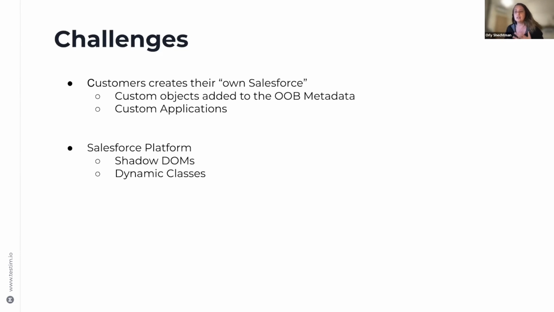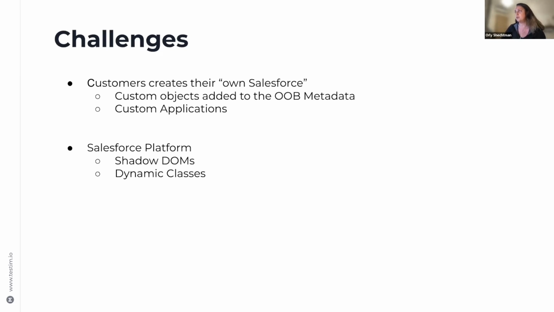So anyone that has experience in automated testing for UI or web interfaces knows that platforms like Salesforce, which introduce a lot of dynamic classes, dynamic values, shadow DOMs, and a lot of customized objects, can be a nightmare, and you need to have a stable method that can be resilient to those dynamic changes.